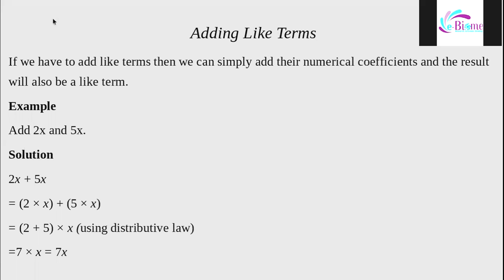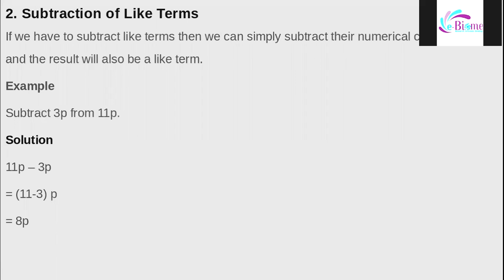Let's look at some riddles for this one. Let's look at the subtraction of like terms. So we want to subtract 3P from 11P. So we have 11P minus 3P. We write the like term that we have, and the like term there is P. Then we take away 3 from 11, and that gives us 8P.